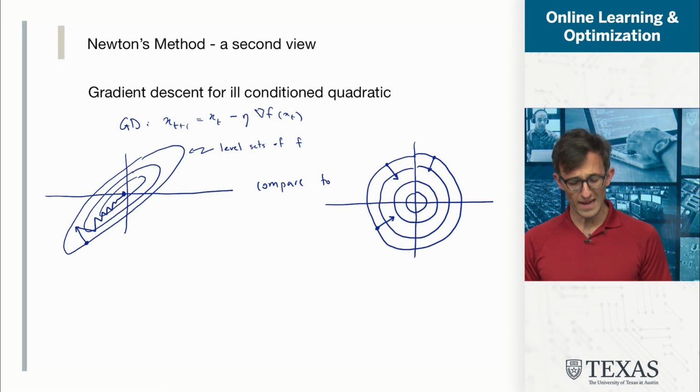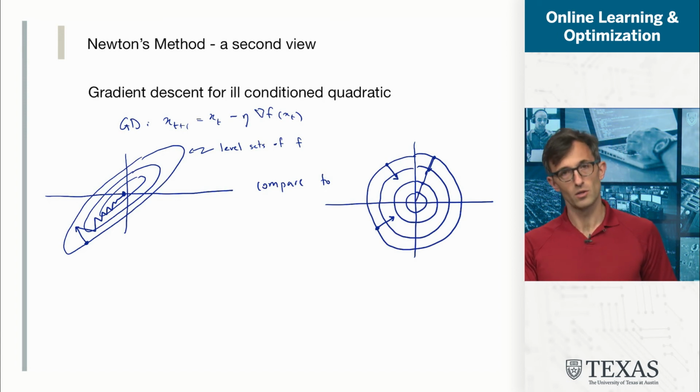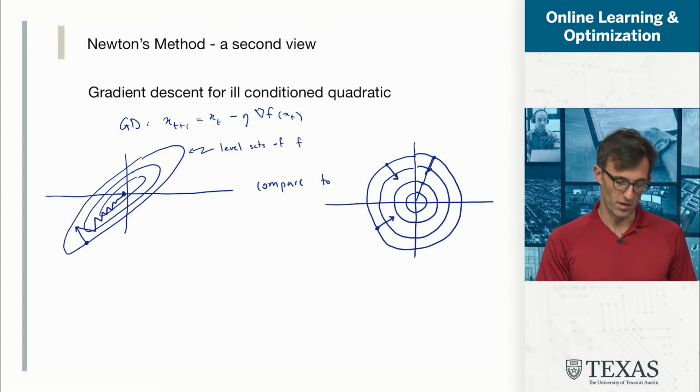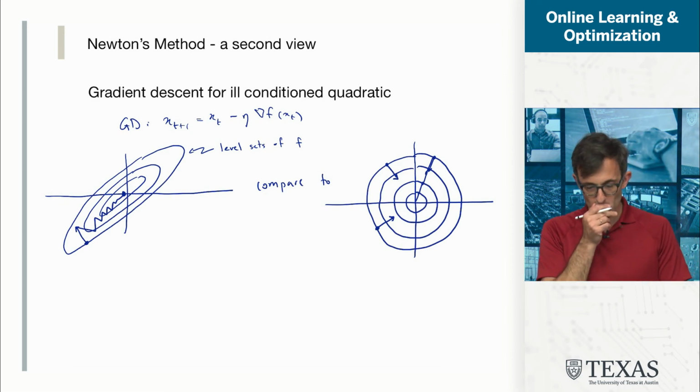So at least from the picture, we should expect gradient descent to do much better on the right. And indeed, what would the gradient descent trajectory look like? Depending on your step size, of course, it would just be going right in, no zigzagging like we see for the setting of ill condition.